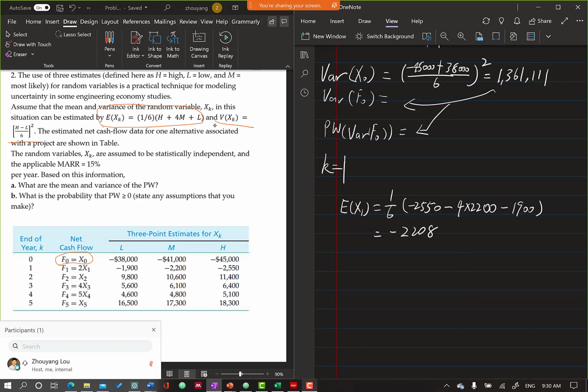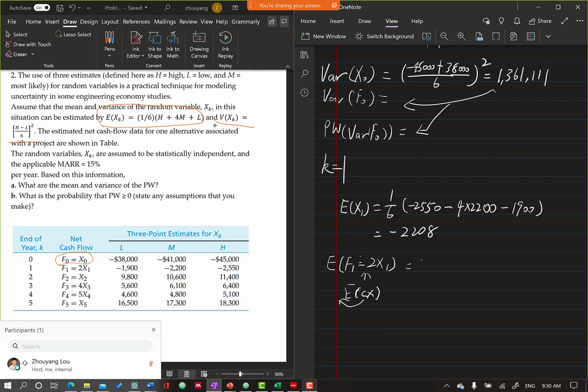But now the cash flow F1 is actually 2x1. That's the form we have seen in the previous illustration, a constant times the random variable x, and to take an expectation of that, we can just take the c out of the expectation and multiply by the expectation of x.